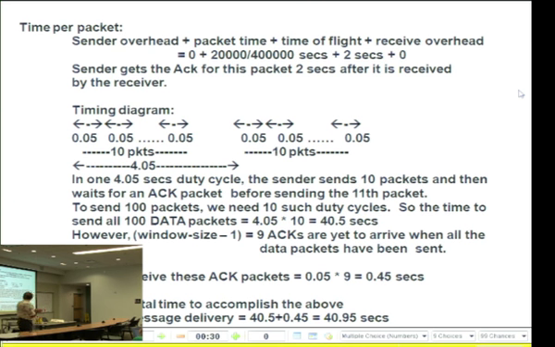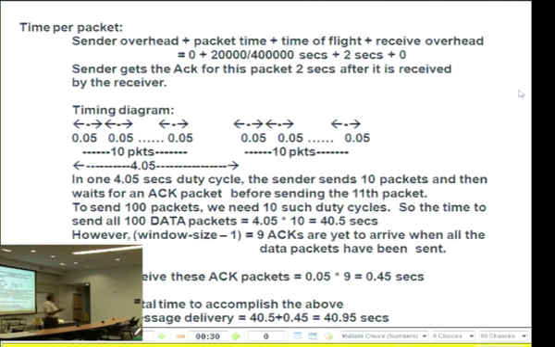With error-free transmission, I can send 10 packets, and 4.05 seconds later, I get the acknowledgement. Then I start sending the next packet, and because they're going to come in a train of acknowledgements, I can send the next 10 packets in succession, right? So in every 4.05 seconds, I've successfully sent 10 packets. Everybody with me here?